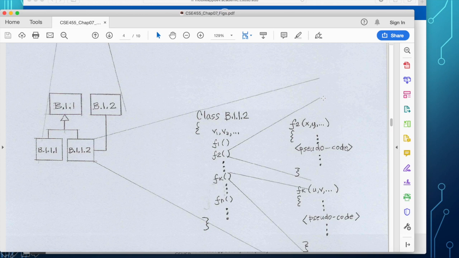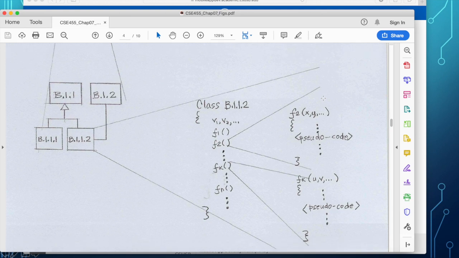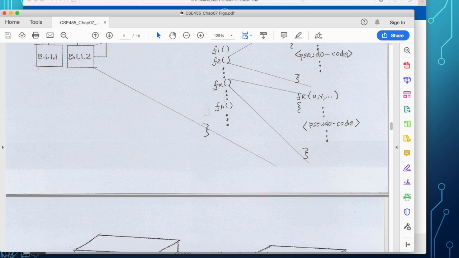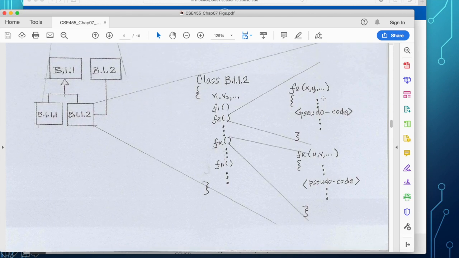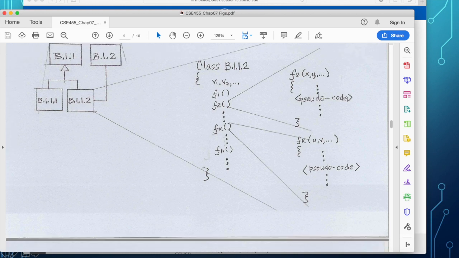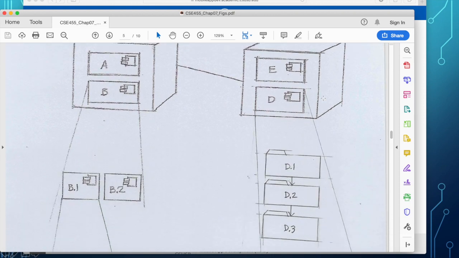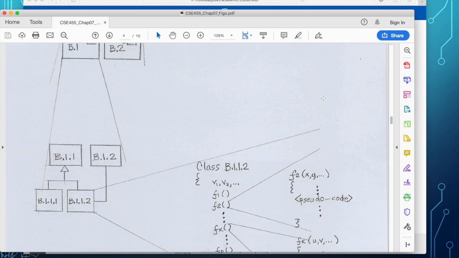So the pseudocode does not follow the syntax of the language, but it is easy to follow the logic by writing it in some high-level language that you can understand, okay, and follow the logic.